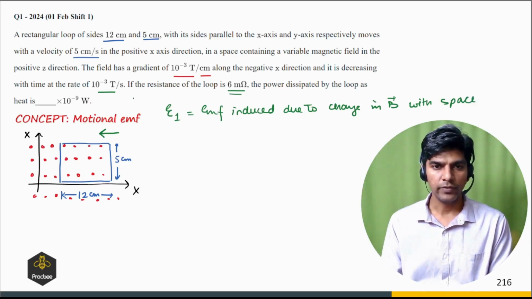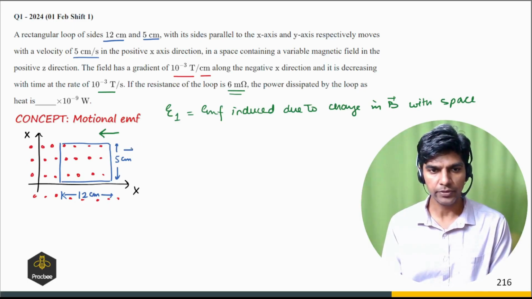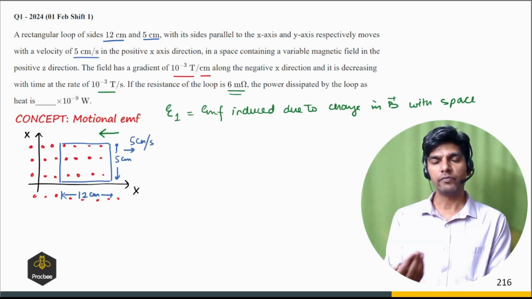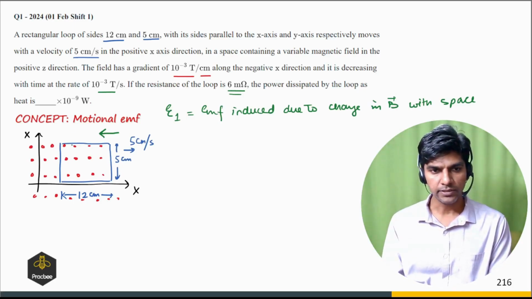We are given that this loop is moving with a velocity of 5 centimeter per second in the right direction. If the magnetic field is out of the plane and the loop is going in the right direction, we can say there will be no EMF induced in the horizontal sides.